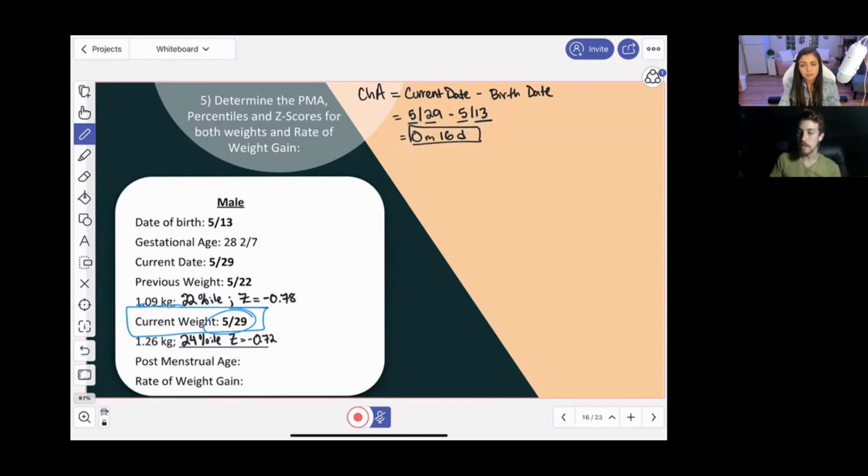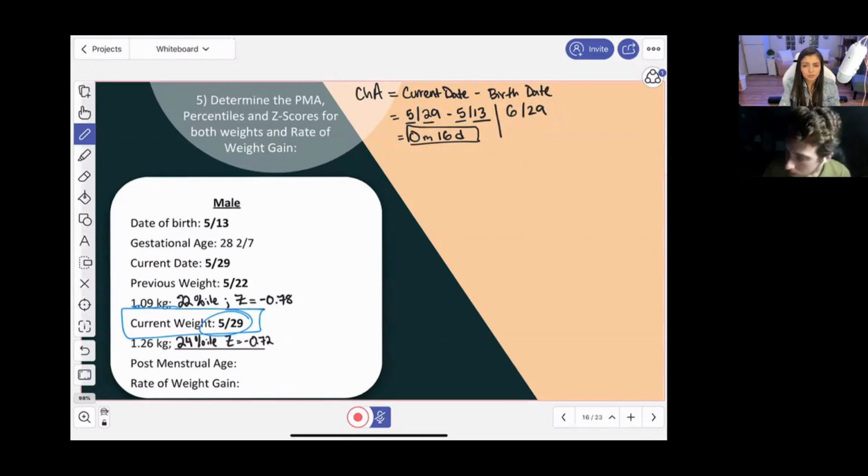That's it. But I just want to go over something really quickly as an example. Let's pretend it was 6/29 as the current date, and the birth date was still 5/13. Then we would subtract 6 minus 5, giving us 1 month and 16 days.